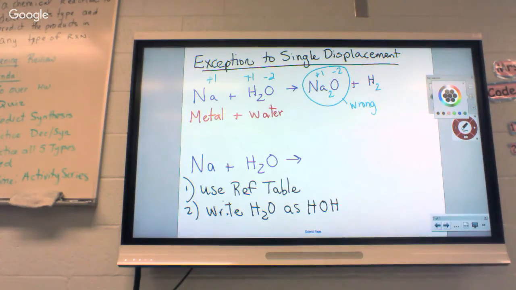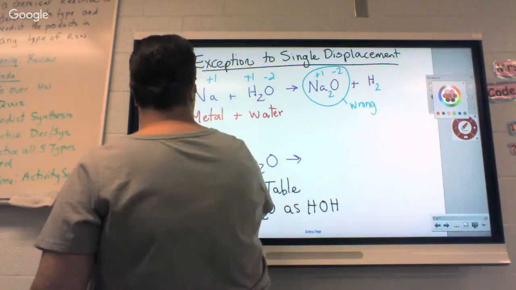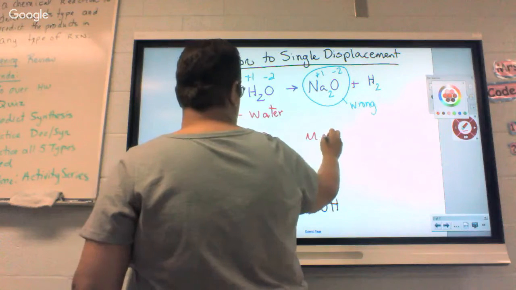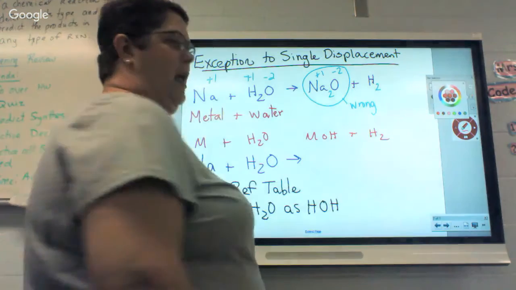Okay, D. Single displacement, metal plus water. Okay, see how it says metal plus water? So you would just write M plus water becomes MOH plus H2, and then write and fill in the letters.